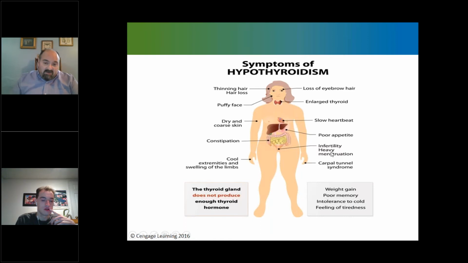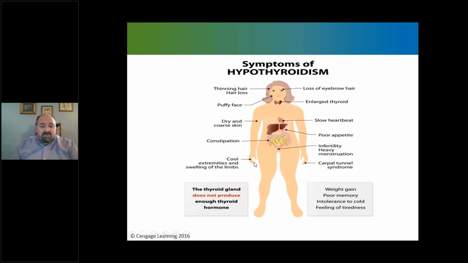Infertility, increase in your menstruation for the females. Constipation, so a slowing down of the digestive processes. We're having issues with circulation, so cool extremities and swelling of the limbs. So circulation, for the blood and also for the lymph, can be affected. Weight gain, poor memory, intolerance. So people who have issues with intolerance to the cold can possibly have issues with their thyroid gland. Feeling of tiredness, fatigue, hypothyroidism.